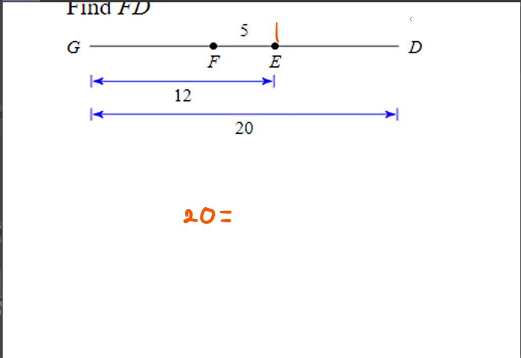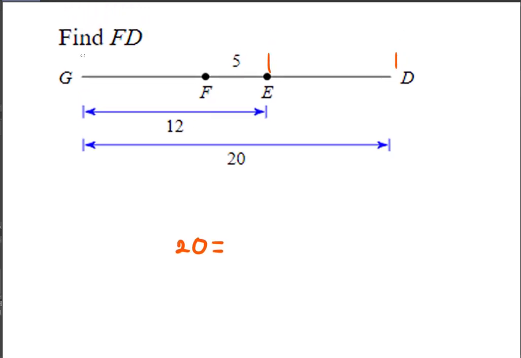Notice that we are missing this entire piece right here from E to D. We know the piece from G to E, and we know this piece from F to E. But we're missing this piece from E to D. And they want us to find FD. They want us to find this full amount right here. So this is the amount that they want us to find. I'm going to call this amount X. Why not? It feels right. So that amount X is what they want us to find.